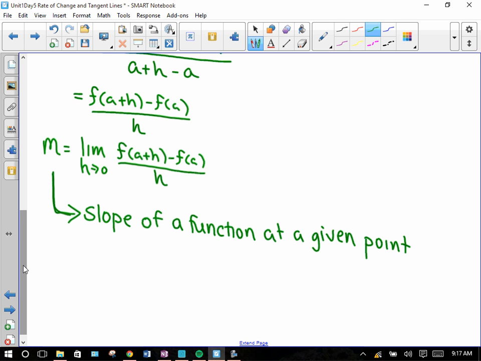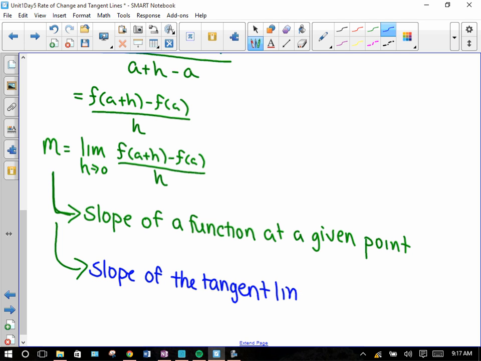It is also equal to the slope of the tangent line at a given point.